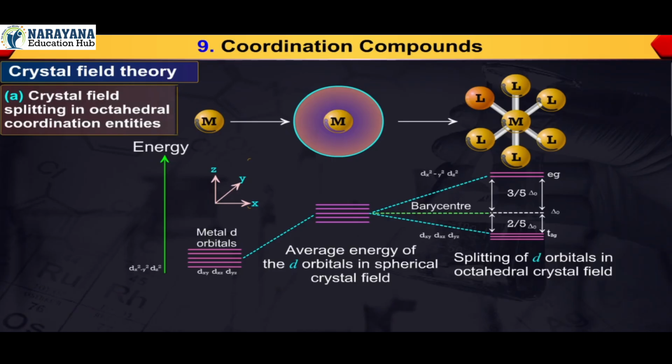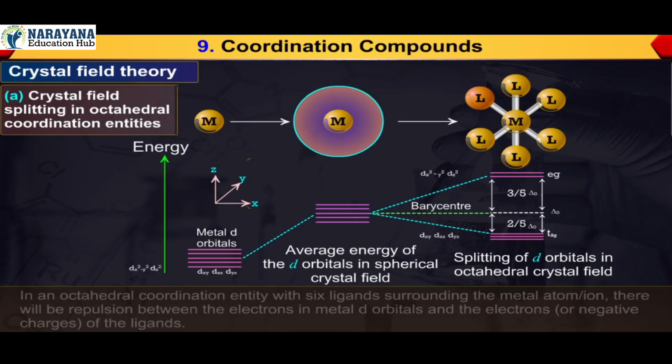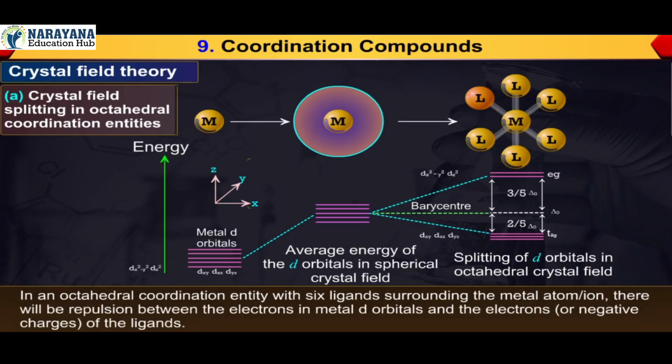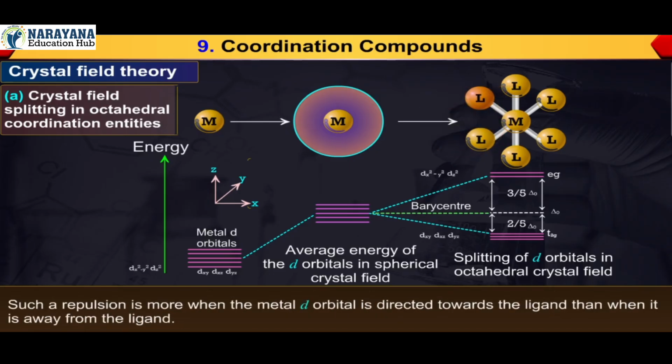A. Crystal field splitting in octahedral coordination entities. In an octahedral coordination entity with 6 ligands surrounding the metal atom or ion, there will be repulsion between the electrons in metal d orbitals and the electrons, that is, negative charges, of the ligands. Such a repulsion is more when the metal d orbital is directed towards the ligand than when it is away from the ligand.